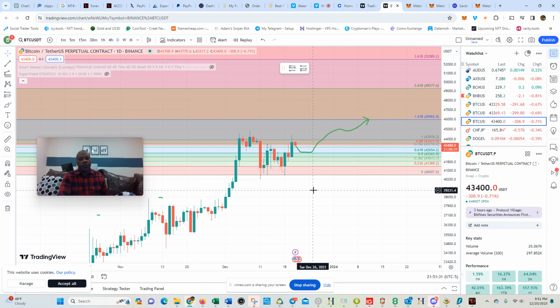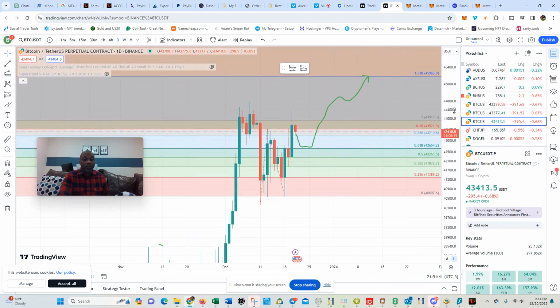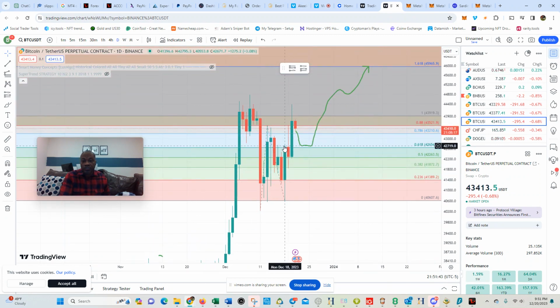That, supported by this technical Fibonacci extension, tells me once we got a daily close above this 0.618, and it wasn't just a small close. We tried to close here and got rejected, but this is a very big bullish engulfing candle. This candle engulfed several of the previous candles and showed strong bullish momentum.